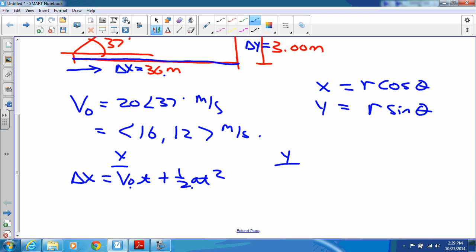Gravity does not pull sideways. So, 36 meters is my delta x, v0 is 16, and this term is invisible because acceleration is 0. So this gives me an easy solution for time. Everybody find the value of time. Go ahead.